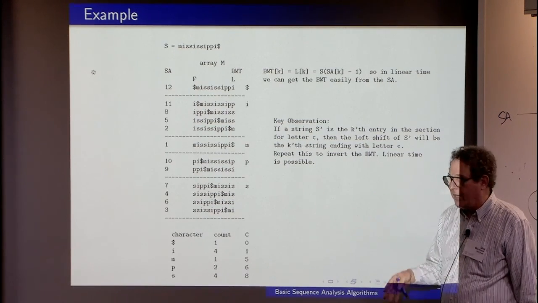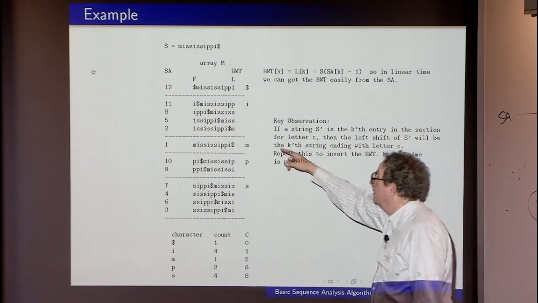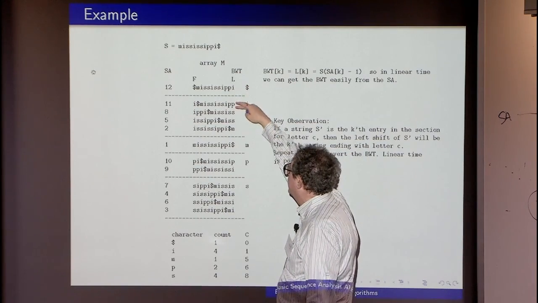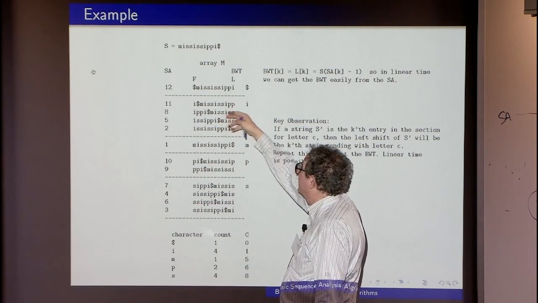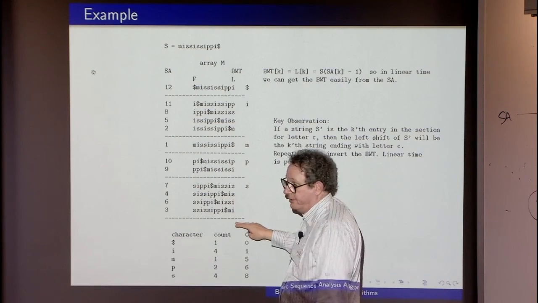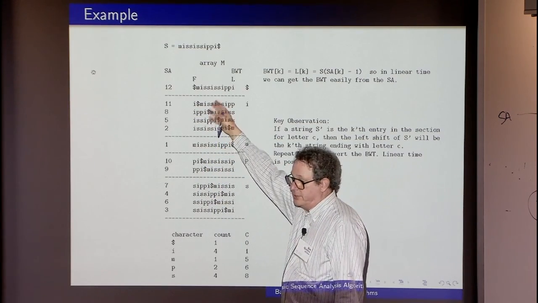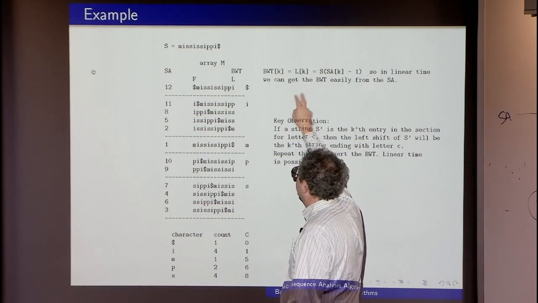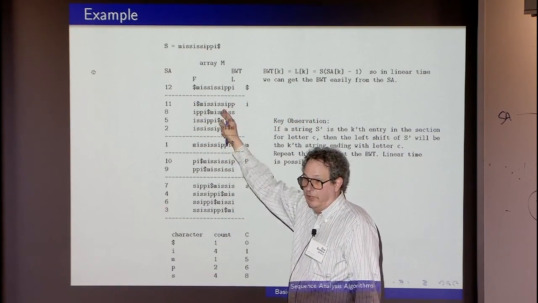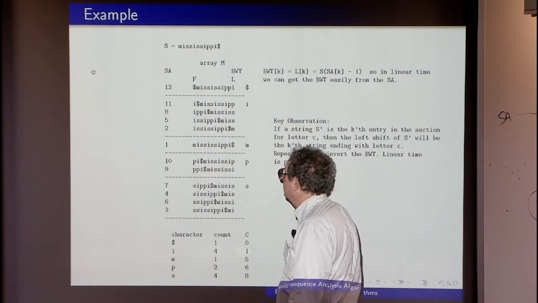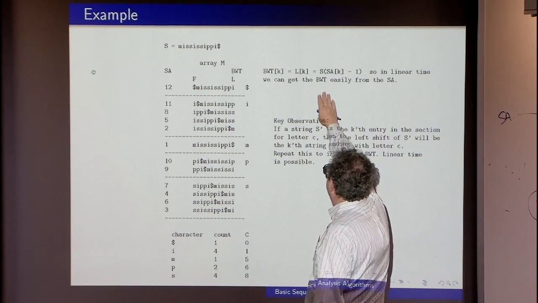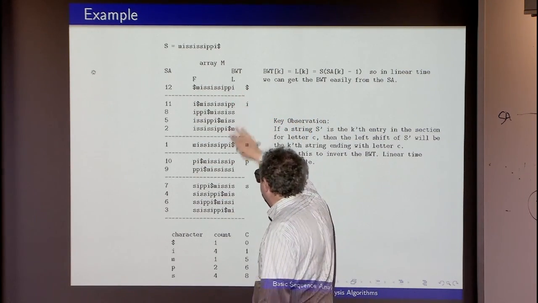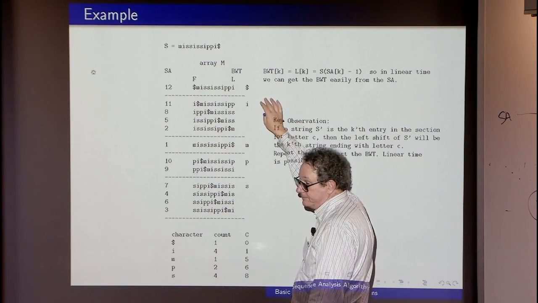You can go backwards from this string, which is I, P, S, etc. Remember, the Burrows-Wheeler transform string is just the last character here. This is all conceptual, so we can understand what's going on. And this tells you that you don't have to actually generate all these sequences and sort them, because you can get the last character here from the suffix array.